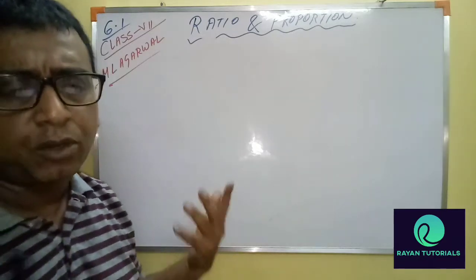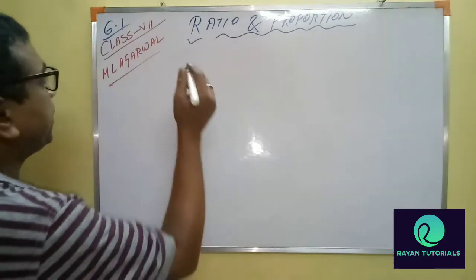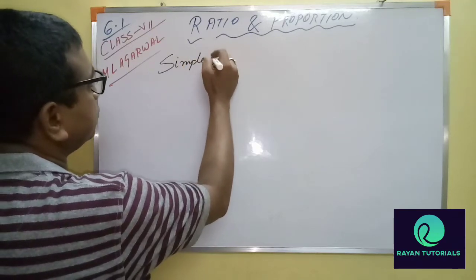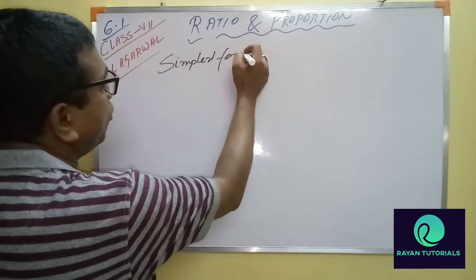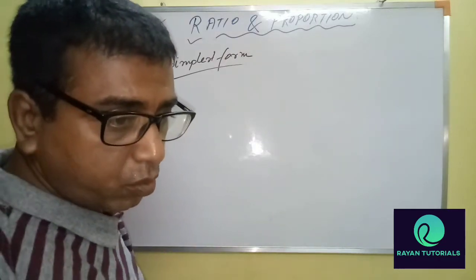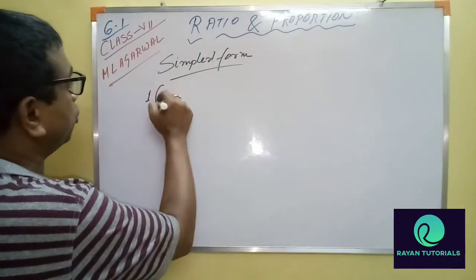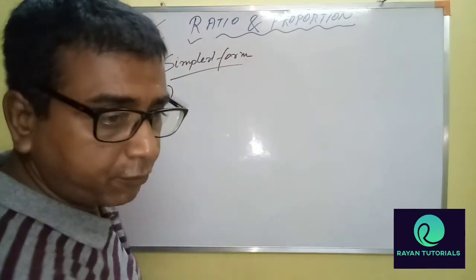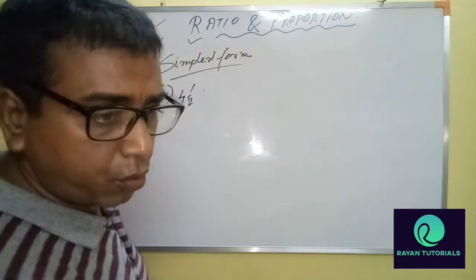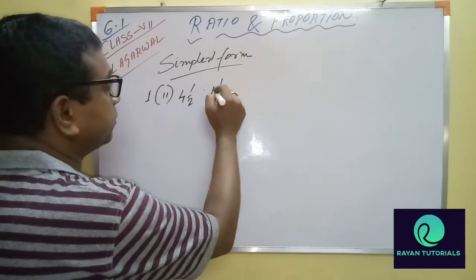It's as simple a question as it is. Simplest form means, as I told you, reduce. Say number 1, subdivision 2. The sum is 4 1/2 is to 1 1/8.